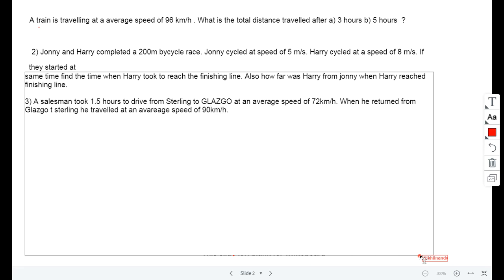Along the same route. How long did the salesman take to reach Stirling?